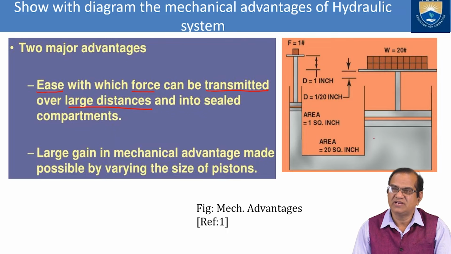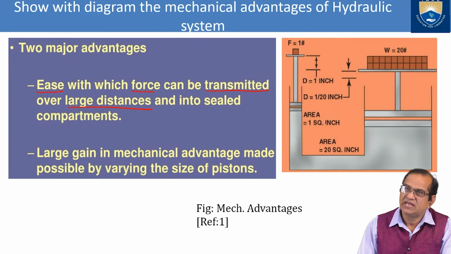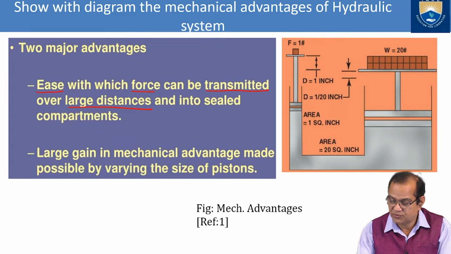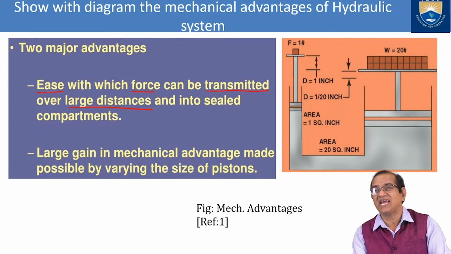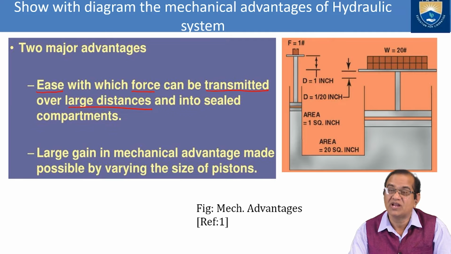Then what will happen here? Here is 1 inch, and here we have made 20 inch. So this piston has an area of 20 inch, and you are pressing 1 inch, then it can lift up to 20 kilogram, or 20 times the weight which you are applying.